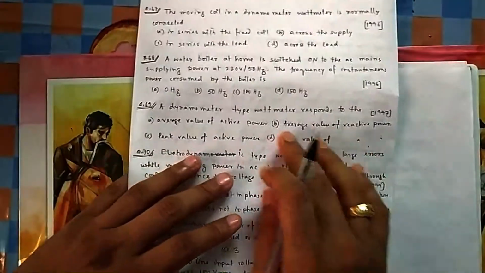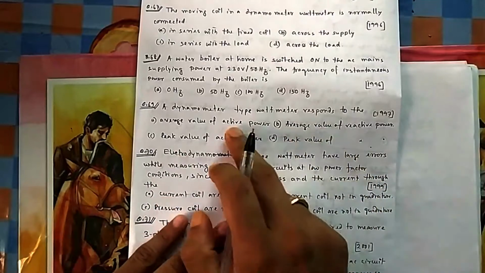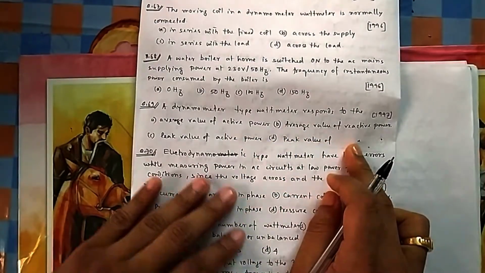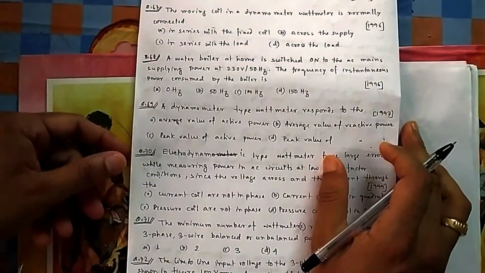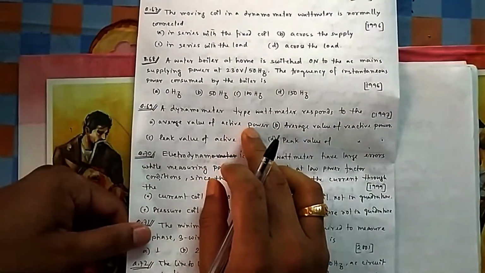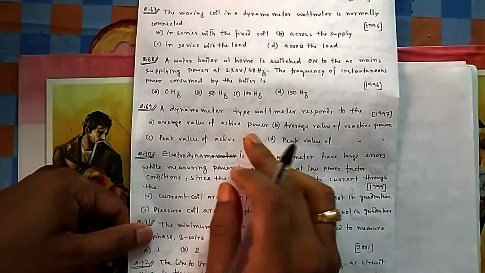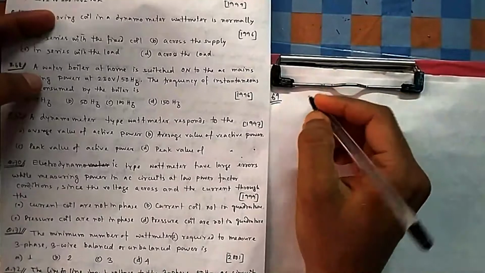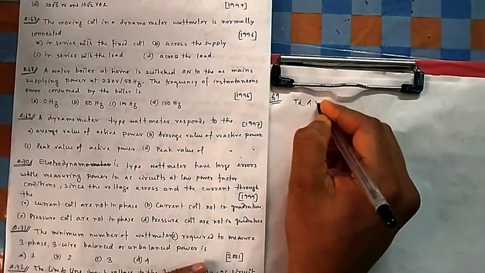The dynamometer type wattmeters respond to average value of the active power, average value of reactive power, peak value of active power, or peak value. Whatever we calculate, Vi cos phi, that is nothing but the average value of the active power over a cycle. Because the deflection torque in an electrodynamometer type wattmeter is directly proportional to Vi cos phi.